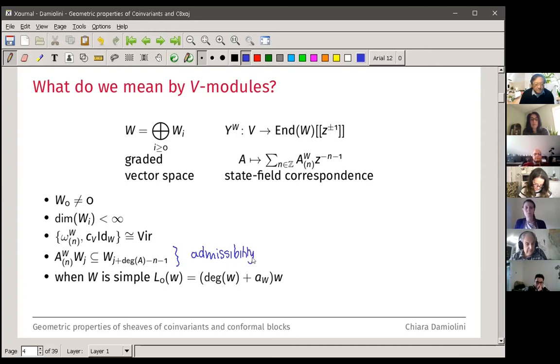condition on the modules. And we further know that if the module is simple, and I'm always assuming V being C2 cofinite and rational, then the operator L0, which is an element of the Virasoro algebra, acting on W through the conformal structure given here, is an action by multiplication by the degree plus a constant, which is sometimes called the conformal dimension, which we know is a rational number.